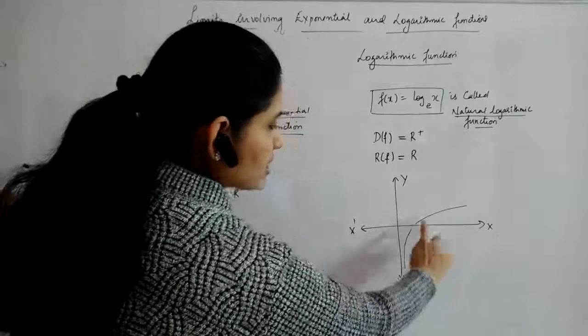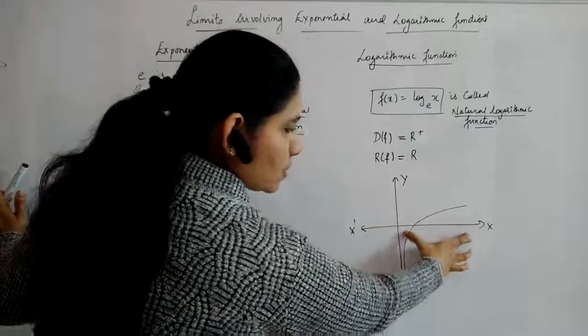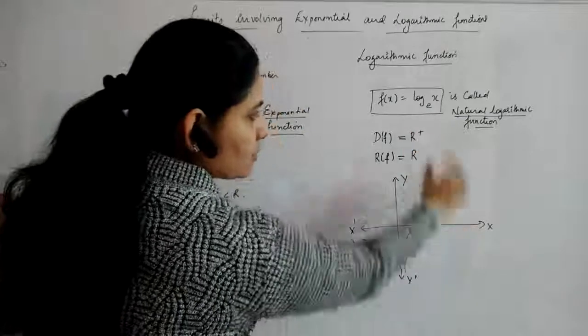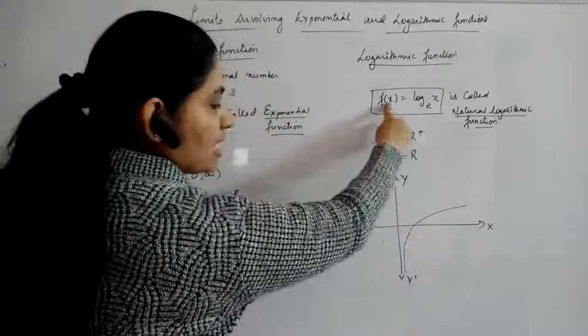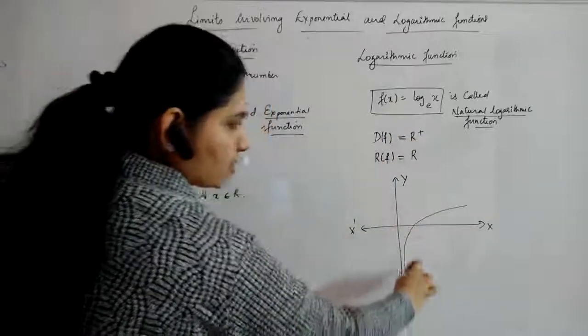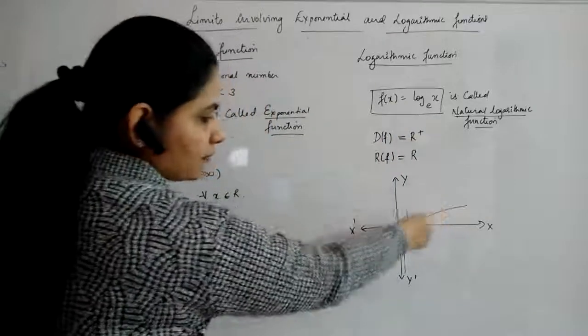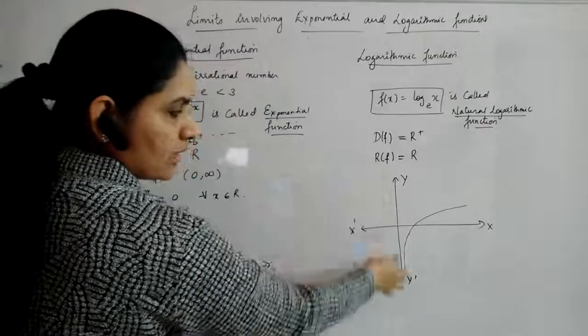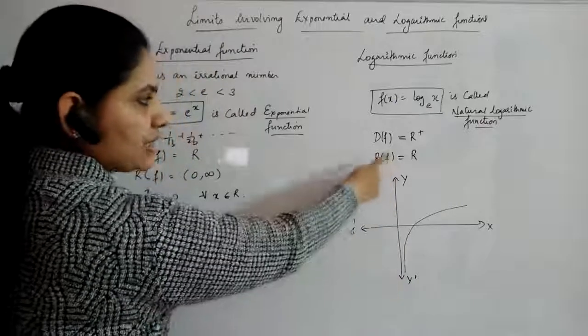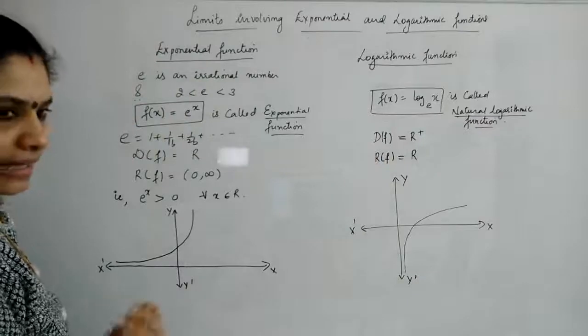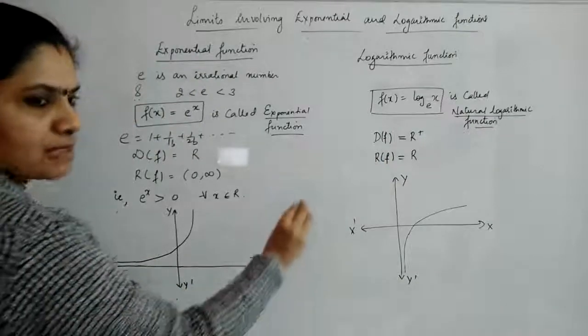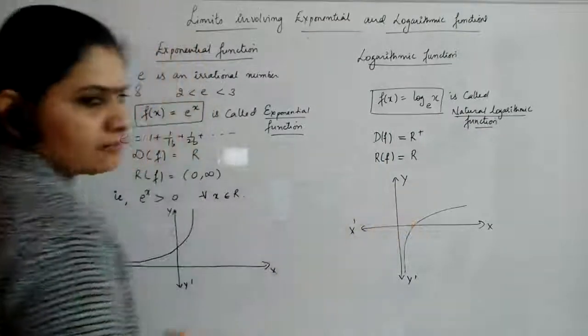You can see this is the positive direction of x, so it takes only positive values. And this is your y value, or f of x value. This f of x value goes towards this side as well as this side, meaning positive y-axis and negative y-axis. That means it can take all real numbers. Log x can take any real number, but x can take only positive real numbers.